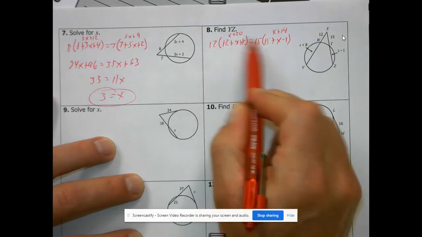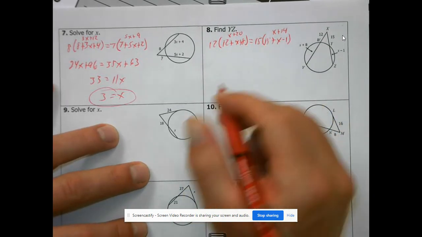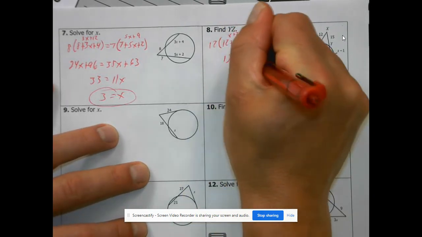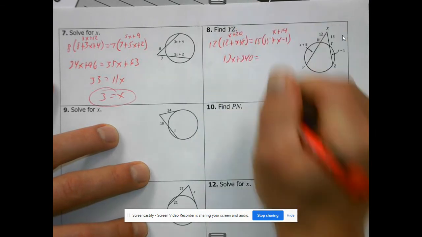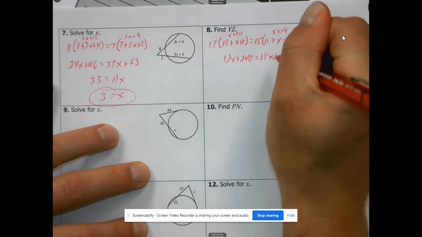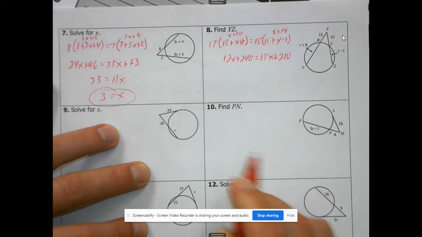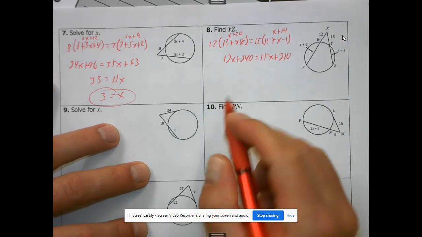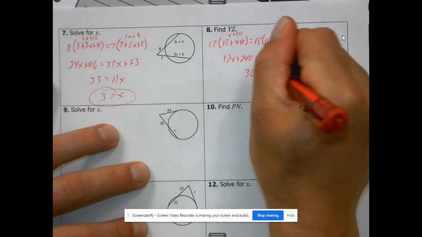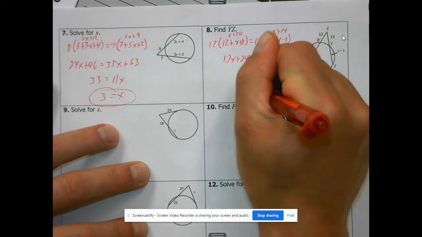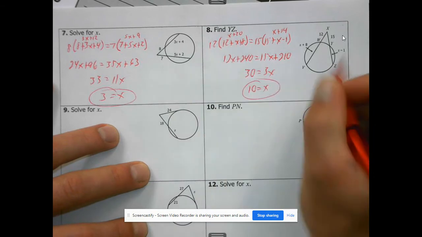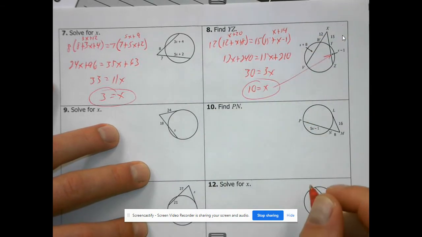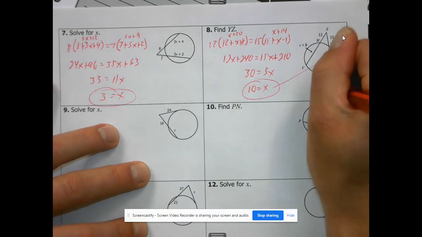Distribute. Left side, 12x plus 240. Right side, 15x plus 210. Subtract 12x, subtract 210. 30 is 3x. X is 10. It wants YZ. Plug it in. 10 minus 1, 9.